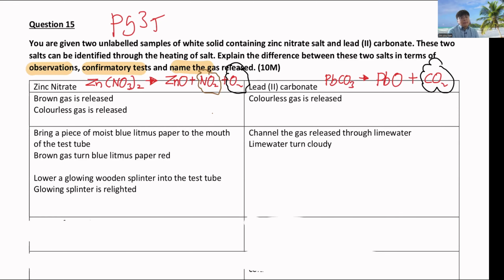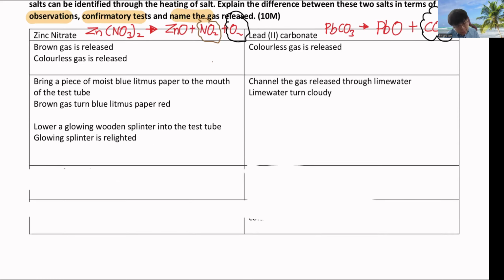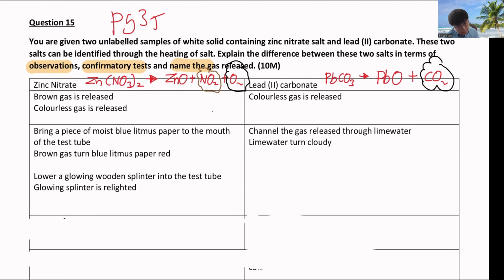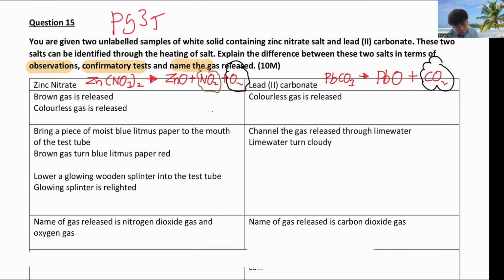And another very obvious one, because it's brown color. Whenever you see brown color gas, it's quite confirmed it's nitrogen dioxide gas. Then the second test, you can add in litmus paper. Once it turns red, can confirm it's NO2.